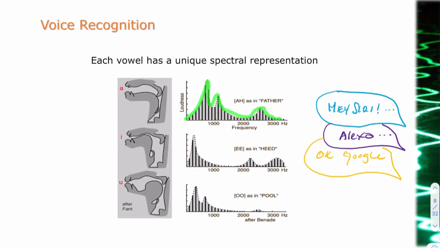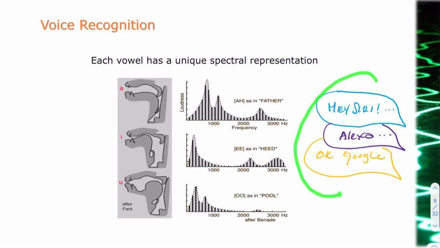The ah has a peak at around 750 hertz, another peak just above 1,000 hertz, and a peak at 2,500 hertz. Whereas if you look at something like E, the word heed, your peak is at a much lower frequency. It's less than 500, and then you have a peak here closer to 2,000. And both of these are in contrast to the oo sound.